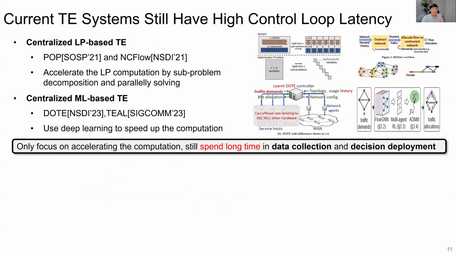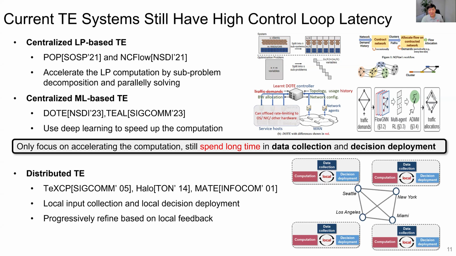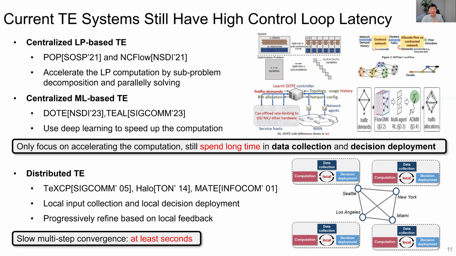Even though existing TE works attempt to reduce the control loop latency, they still do not meet the requirements. For example, centralized LP-based TE and centralized machine learning-based TE focus on accelerating the computation phase, but still spend seconds in data collection and decision deployment. In contrast, distributed TE makes decisions only based on local information, and has faster speed in these two phases, but it suffers from a multi-step adjustment process to handle bursts.